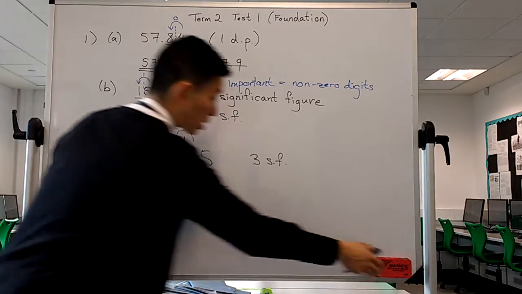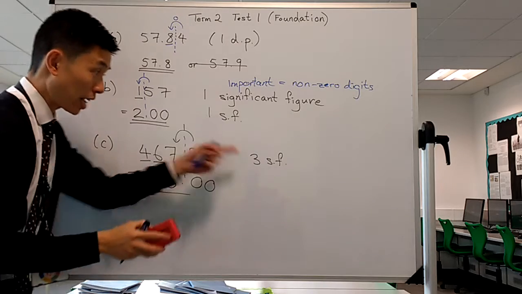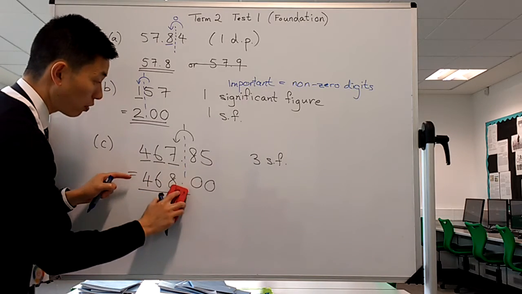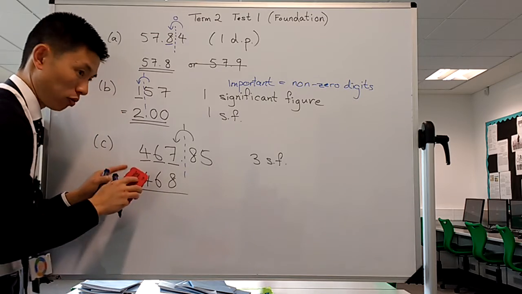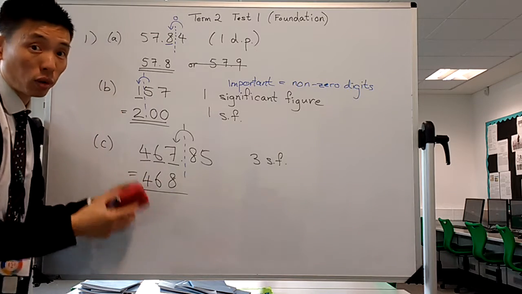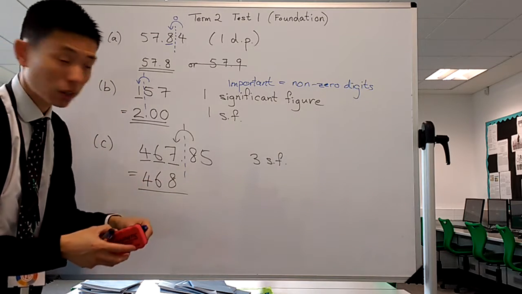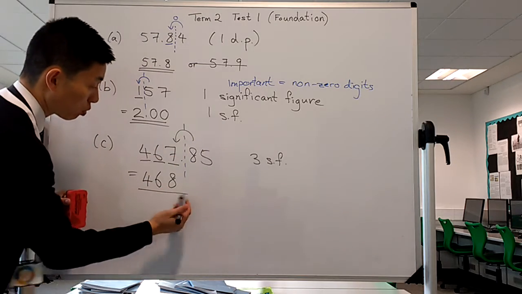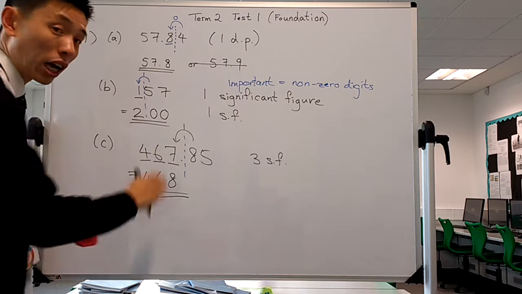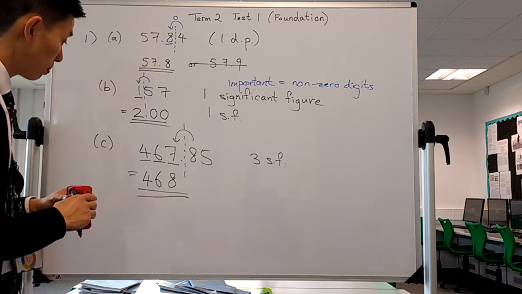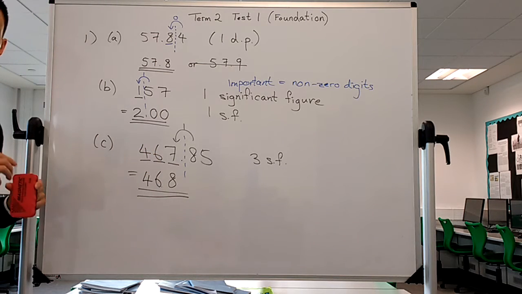Because the test question said 3 significant figures, you mustn't write that. Although 468 is the same as 468.00, because we are asked to round to 3 significant figures, my answer should only have 3 digits. Okay, so that's how you do question 1.